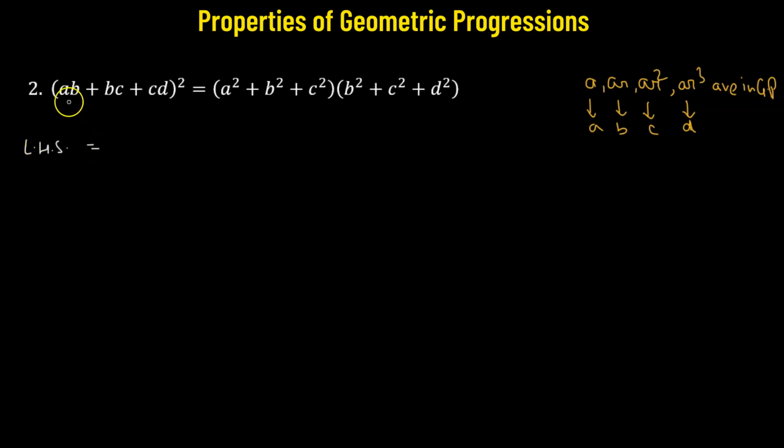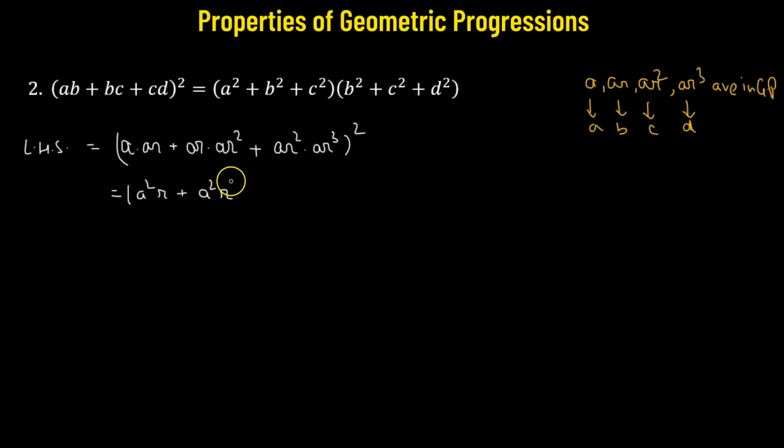So on the left hand side we have (a times b plus b times c plus c times d) whole squared. So b is a times r, b times c means ar multiplied by ar squared, and c times d is ar squared times ar cubed, which is going to give us (a squared times r plus a squared times r cubed plus a squared times r raised to the power of 5) whole squared, which is equal to, if we take a squared times r as the common factor, a squared r multiplied by (1 plus r squared plus r raised to the power of 4) whole squared.